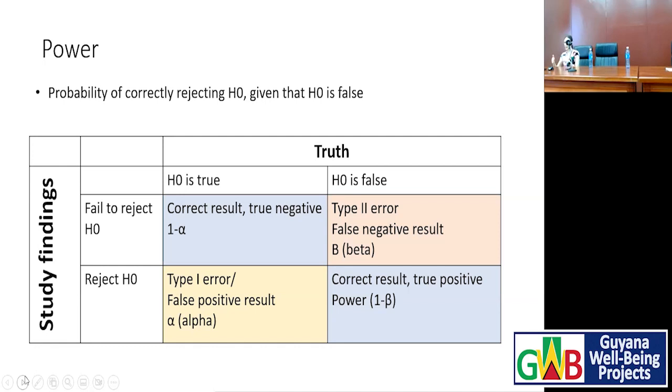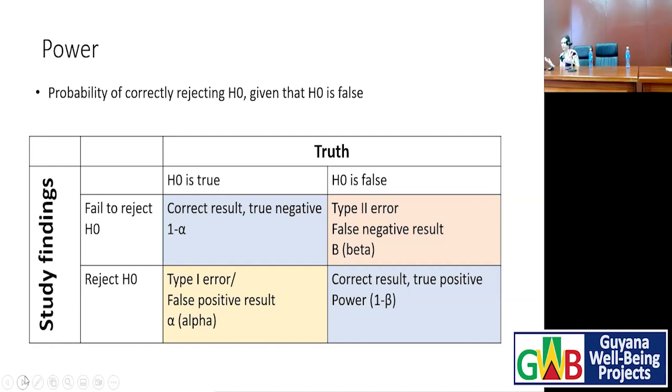Power is the case where our null hypothesis is false, so we want to reject that null hypothesis, and we actually do reject it. That's power, and in this 2x2 table it's 1 minus beta: 100% probability minus the probability of having that type 2 error.